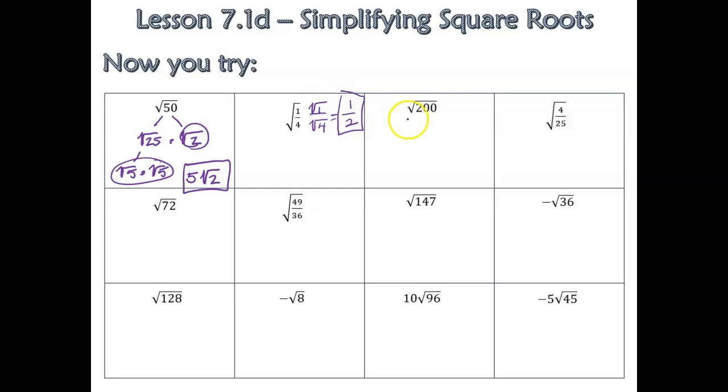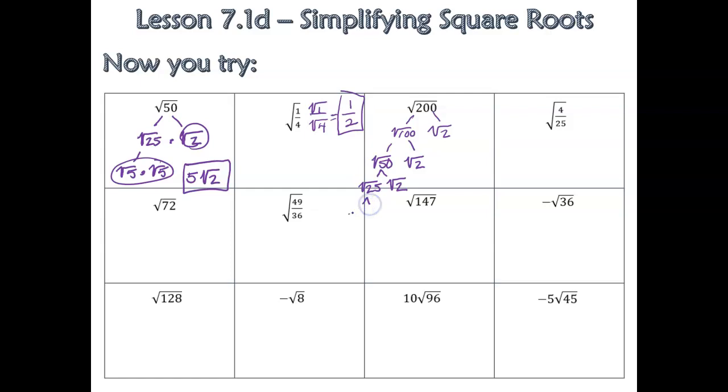The square root of 200 becomes the square root of 100 times the square root of 2. I'm going to break this further into the square root of 50 times the square root of 2. And this I'm going to break down into the square root of 25 times the square root of 2.